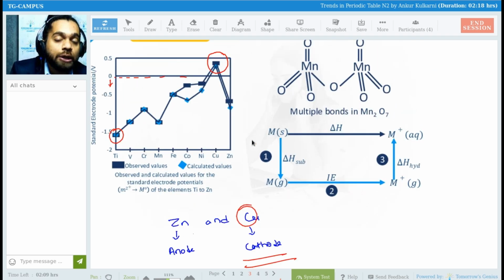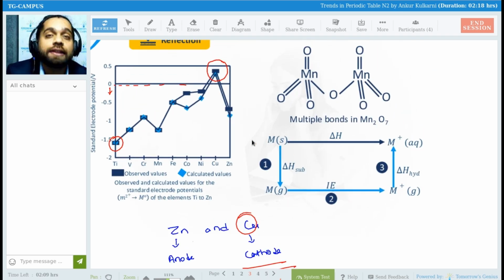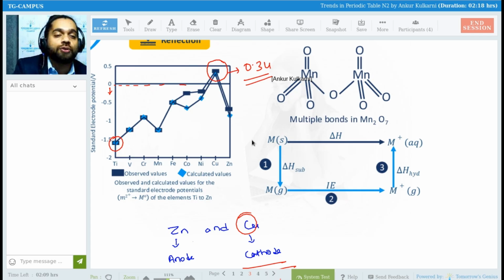Over here copper is the only metal in the 3D series with a positive value, around 0.34 if I'm not wrong. That's why we used copper as a cathode, because it is the only metal with a positive reduction potential, and hence it can undergo reduction. Is it clear?